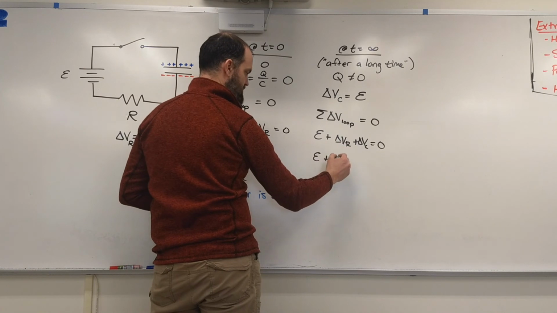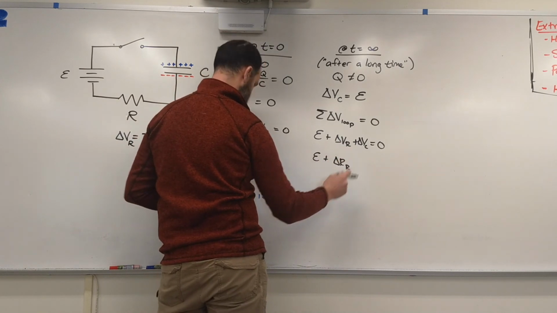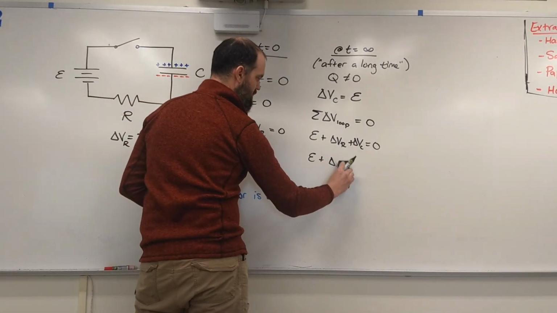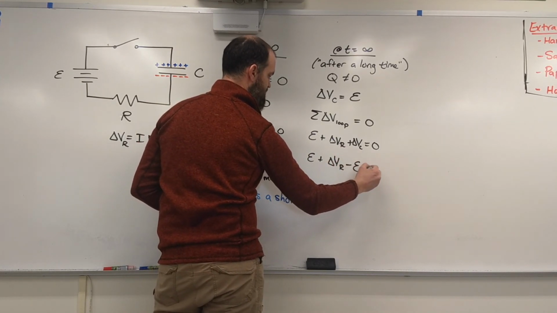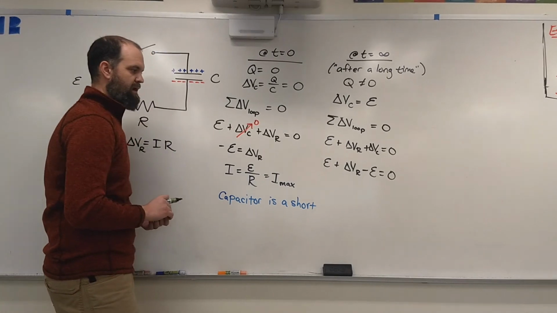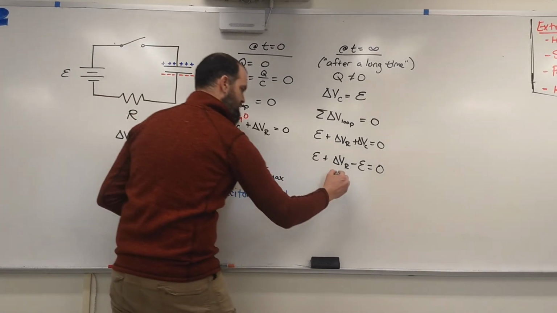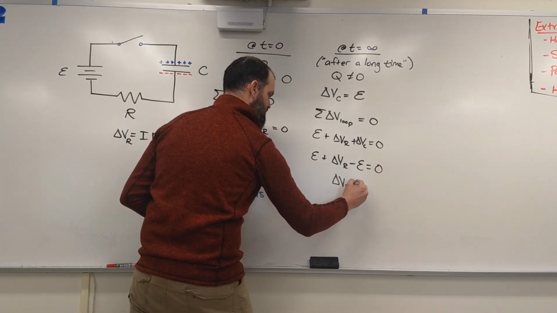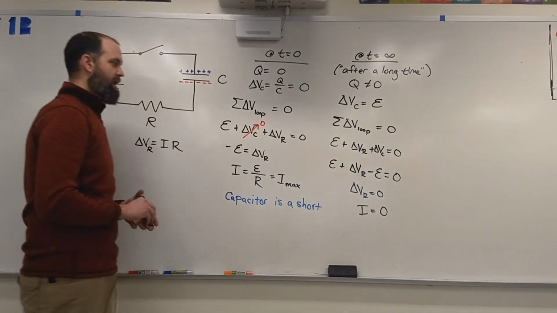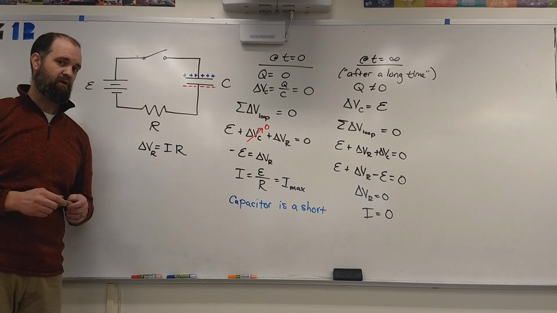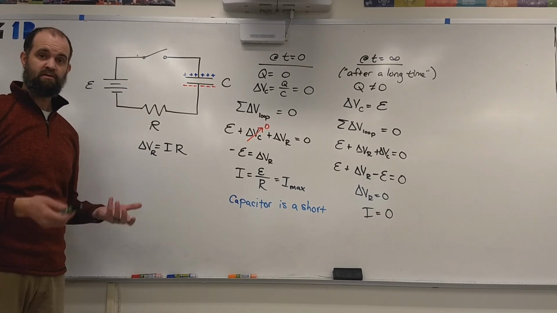We know that the potential across the capacitor is equal and opposite to the potential from the battery, the EMF. And so we get that the potential across the resistor must be 0, which means that I is 0. And if you have a circuit that has no current flowing in it, that's like a broken circuit.